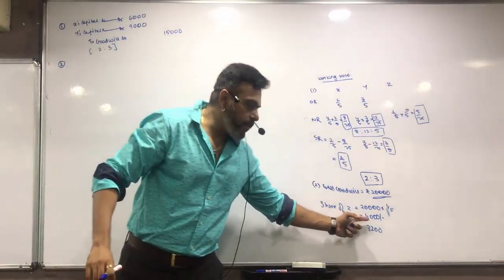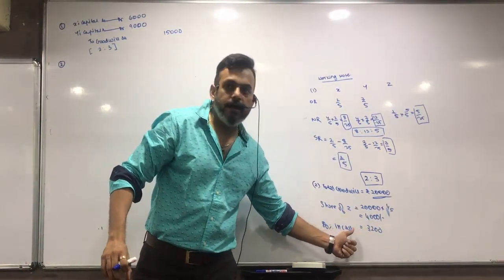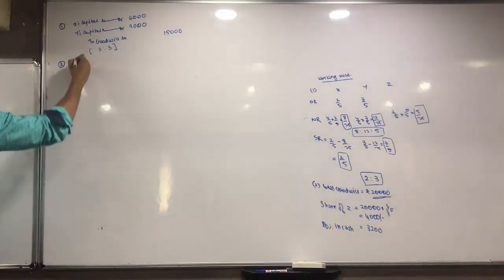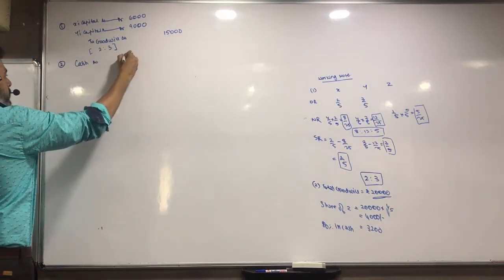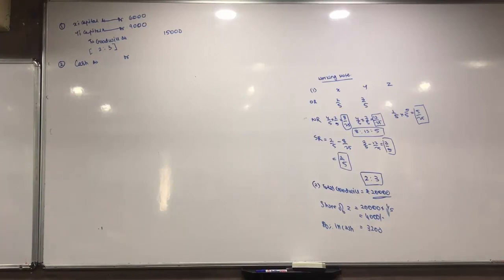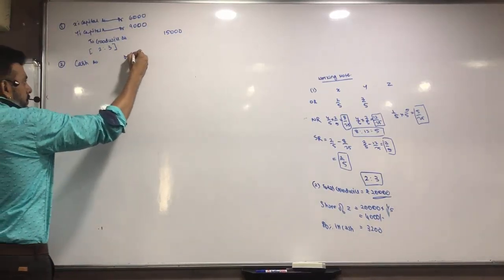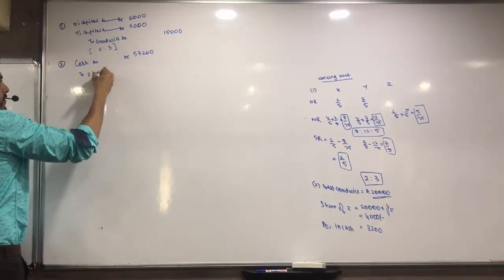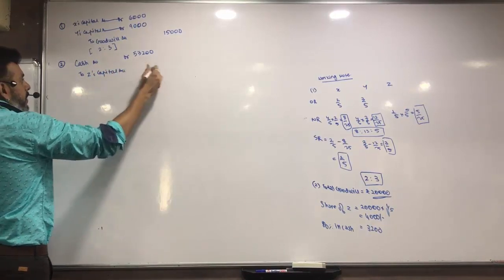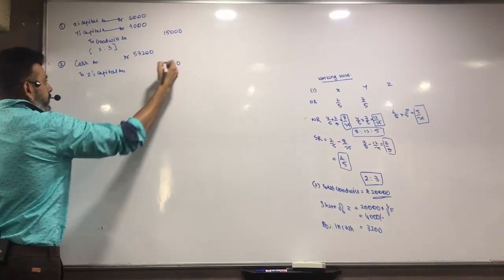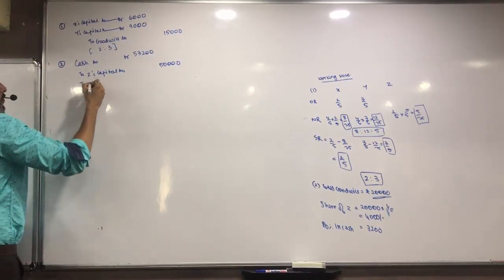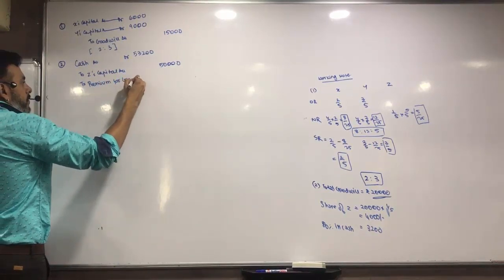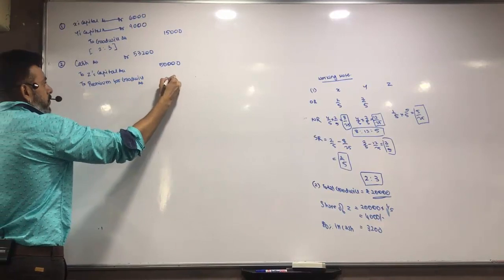His share comes to 4,000. Out of 4,000, he is able to bring only 80% in cash, that is 3,200. So cash account debit. He brings for capital 50,000, so 53,200 to Z's capital account 50,000, to premium for goodwill 3,200.